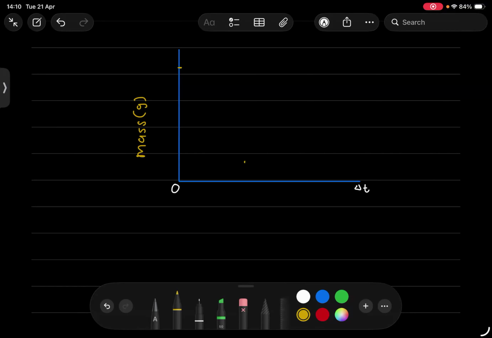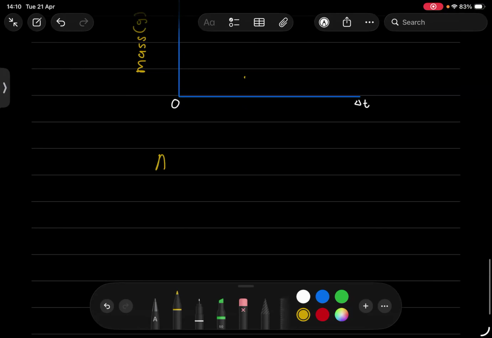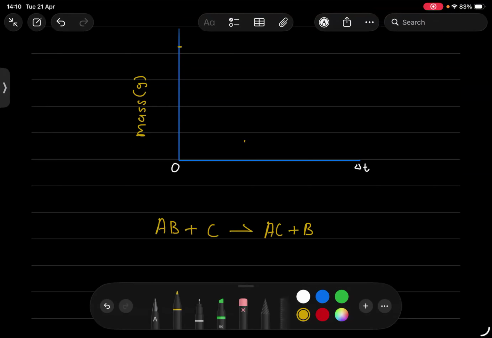Maybe I would just use the very same reaction of AB plus C equals AC plus B, depending. You get it?